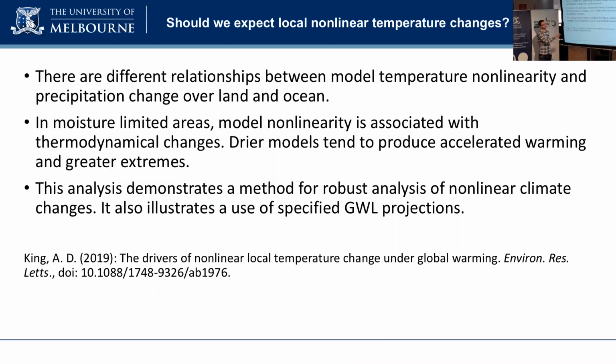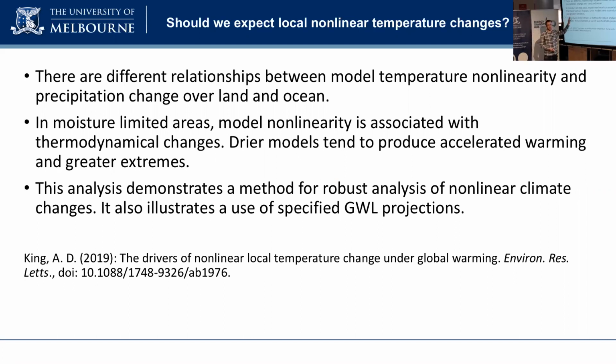Just to conclude this section of the talk, what I'm showing is that we can quantify nonlinear change in the models locally, and we can relate that to precipitation change.